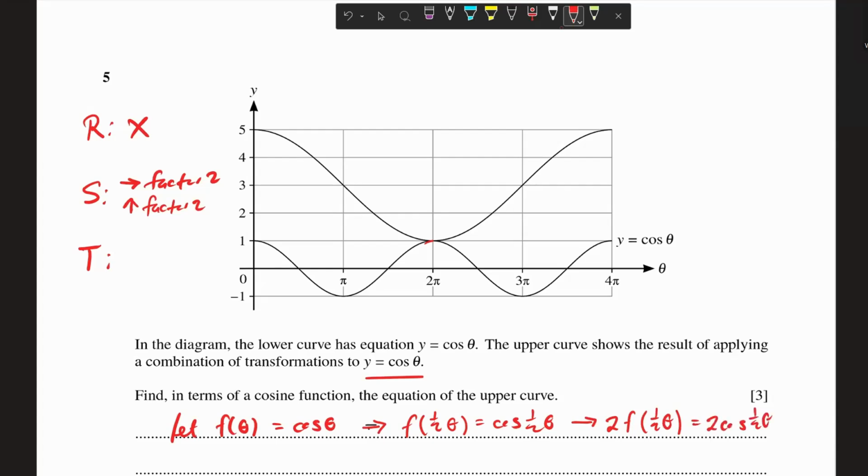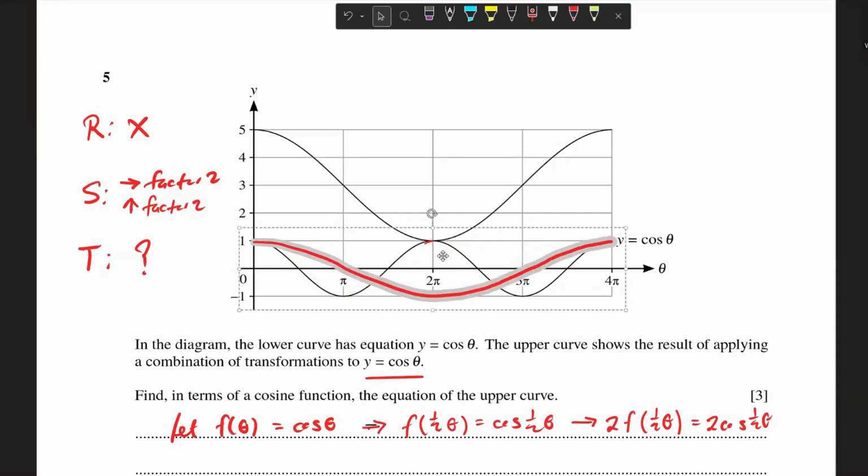Now we're going to check if there are any translations. I want you to look at this carefully. The original graph was like this. I'll take the first period, from 0 to 2 pi, and it was stretched horizontally. After being stretched, it was also stretched vertically.